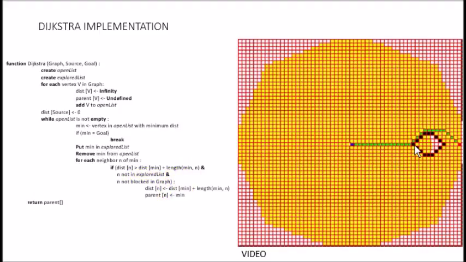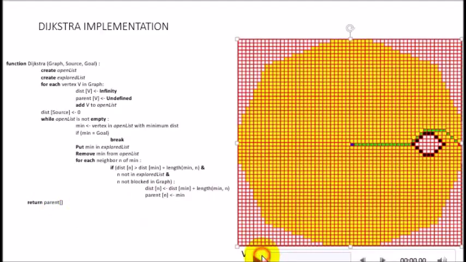Like this black cell is blocked, so it would not be processed or updated. It would also not be updated if it is already in the explode list. Like any yellow cells would not be processed in further iterations. And last, we return the parent list, which is basically the path found by Dijkstra's.